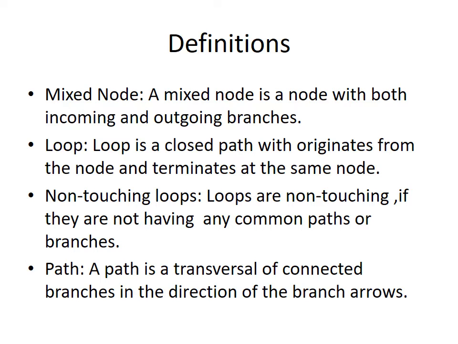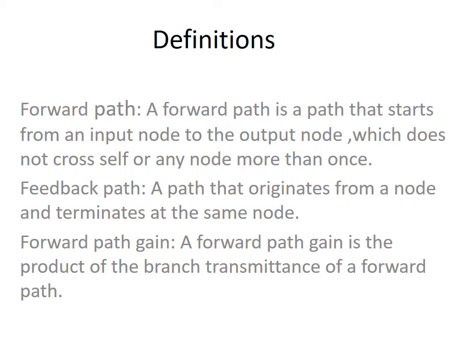Only by seeing the direction can we identify whether a particular branch or gain is in the forward path or in the feedback path. So this arrow plays a vital role in the block diagram reduction technique and also in the signal flow graph.